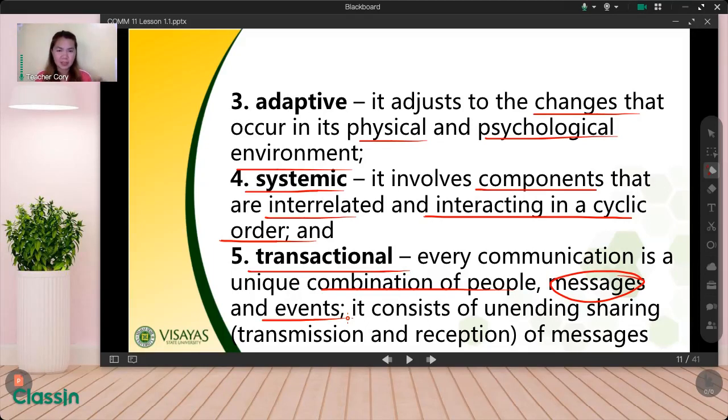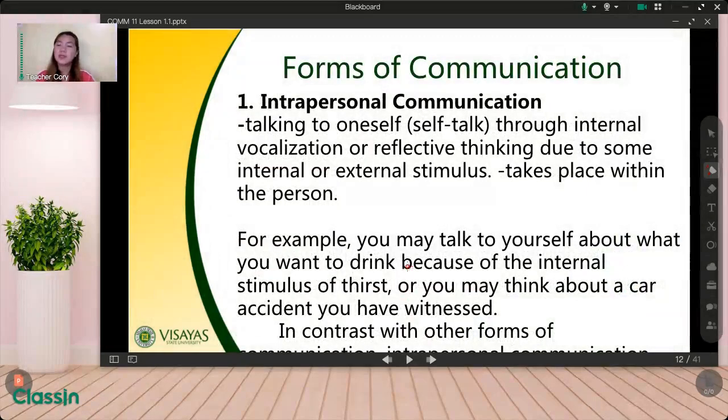It's not clearly seen, but you can see my face. But I think that's already enough, as there are lots of people who prefer to watch the face when they're communicating because they understand better. So, anyways, it's a unique combination. So it's transactional.